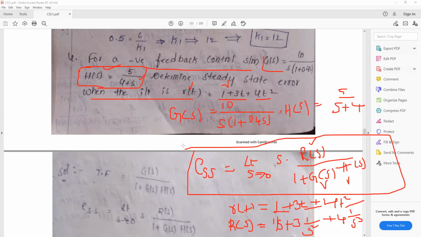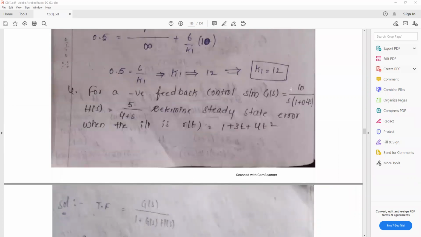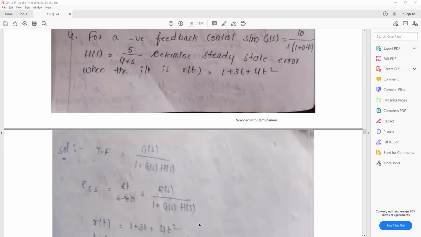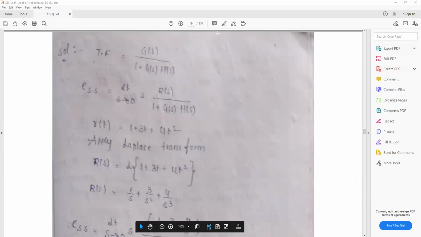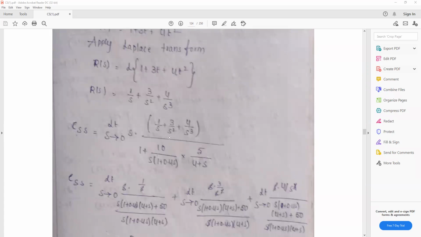G(s) is already there. What is the G(s) value? 10 by s into (1 plus 0.4s). H(s) value is 5 by (s plus 4). So substitute all the values in the formula.